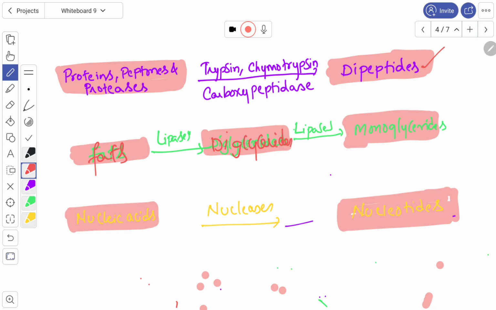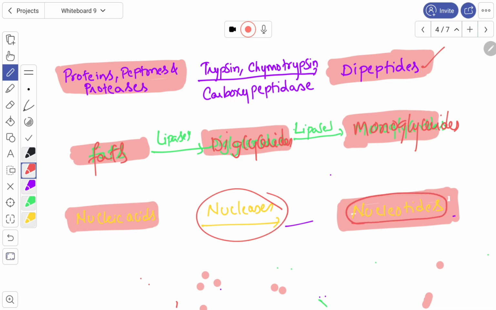Diglycerides in the presence of lipases are converted into monoglycerides. Similarly, nucleic acids in the presence of nucleases are hydrolyzed into nucleotides. Very important, they are hydrolyzed into nucleotides.